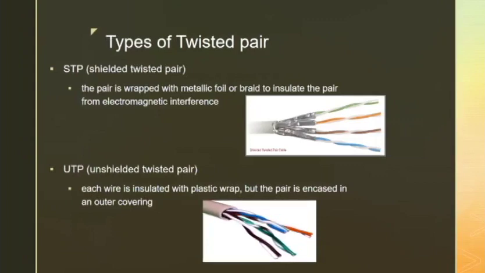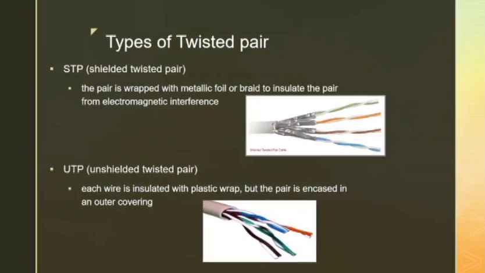STP, you can see in this picture, there is a metallic foil wrapped around the cable. But the UTP has no wrapping metallic foil, so that is unshielded twisted pair.